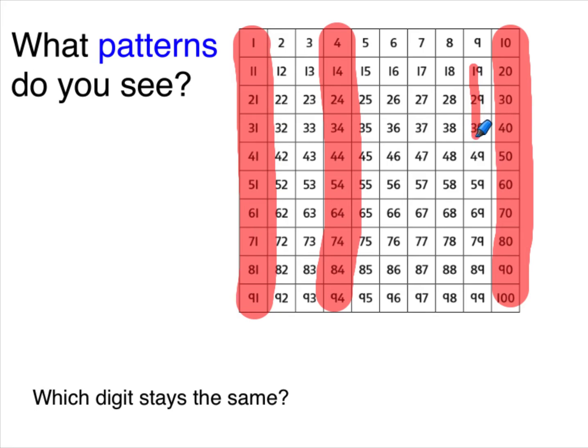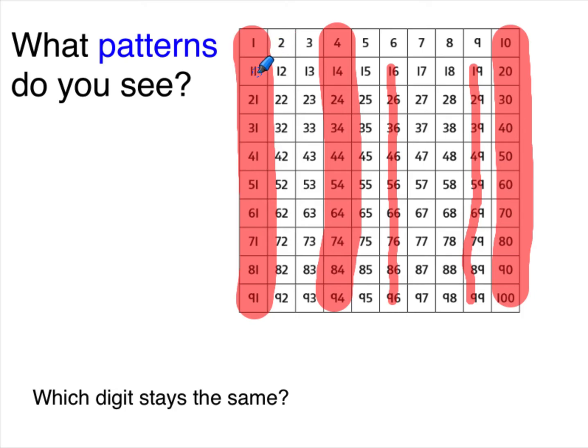1, 2, 3, 4, 5, 6, 7, 8, 9. So the ones digit stays the same and the tens digit goes up by 1. And when you go across, it's exactly the opposite.